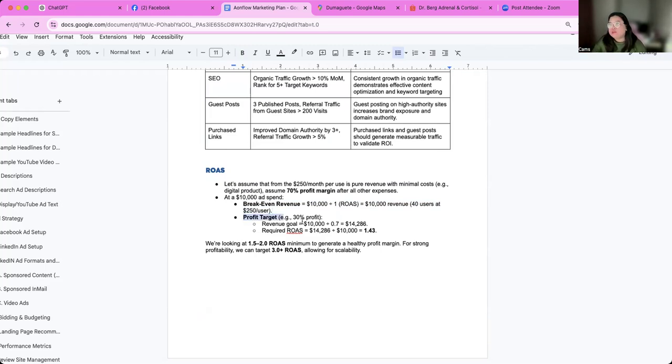So for example, in terms of profit target, let's say considering 70% of their profit margin, considering the spend, since it's a digital product. So ito yung revenue goal ko. So definitely, we're looking at a 1.5 to 2 ROAS minimum to generate a healthy profit margin. So it's also very important to know that.